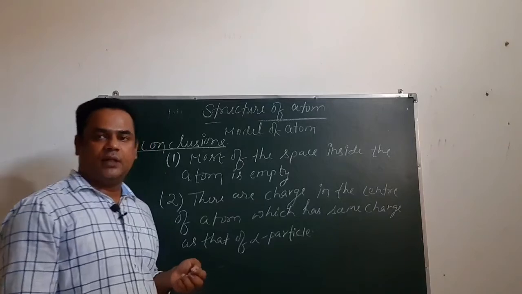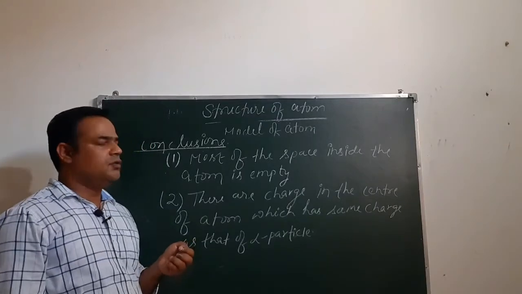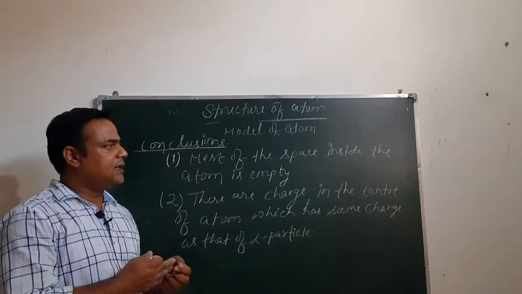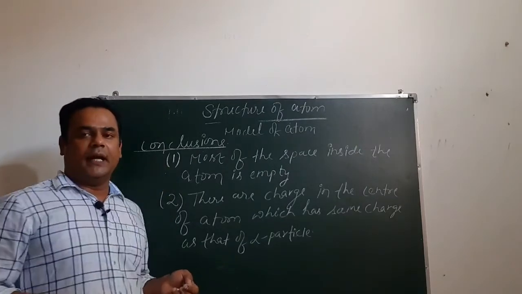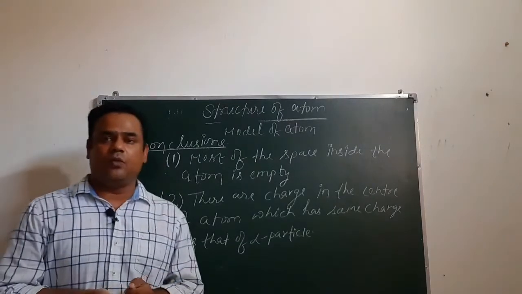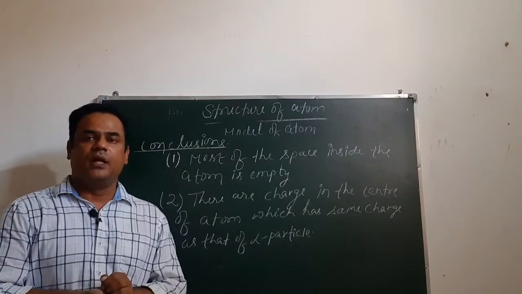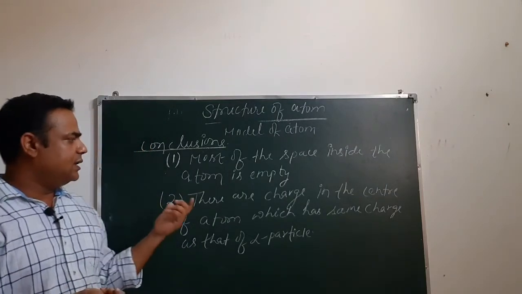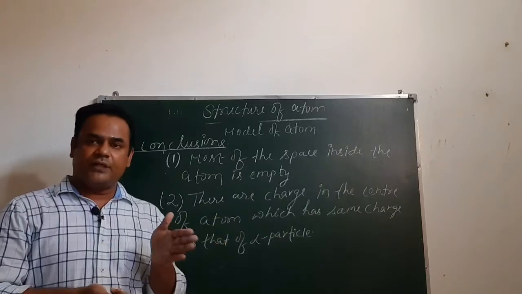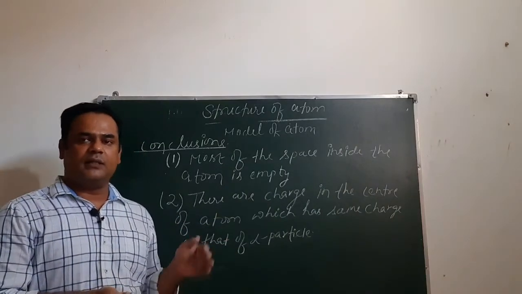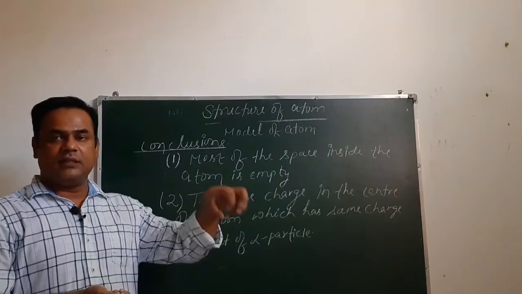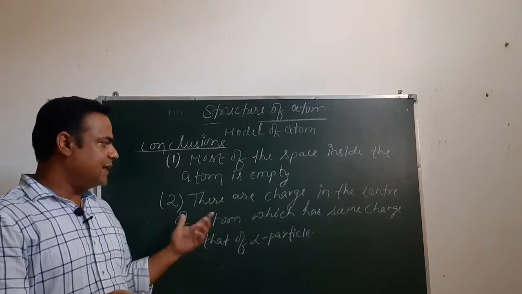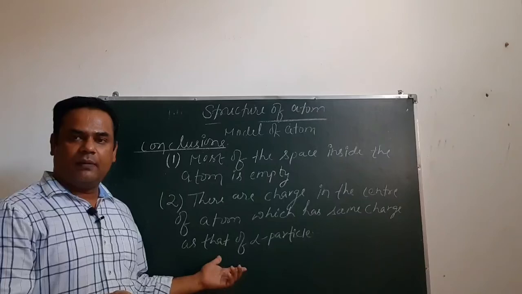He observed that most of the alpha particles go without any deviation, passing through the atom. It means that most of the space inside the atom was empty, and then there are few which deviate with a very small angle, and this deviation indicates that there is a charge inside the atom which has the same nature as that of the alpha particle.